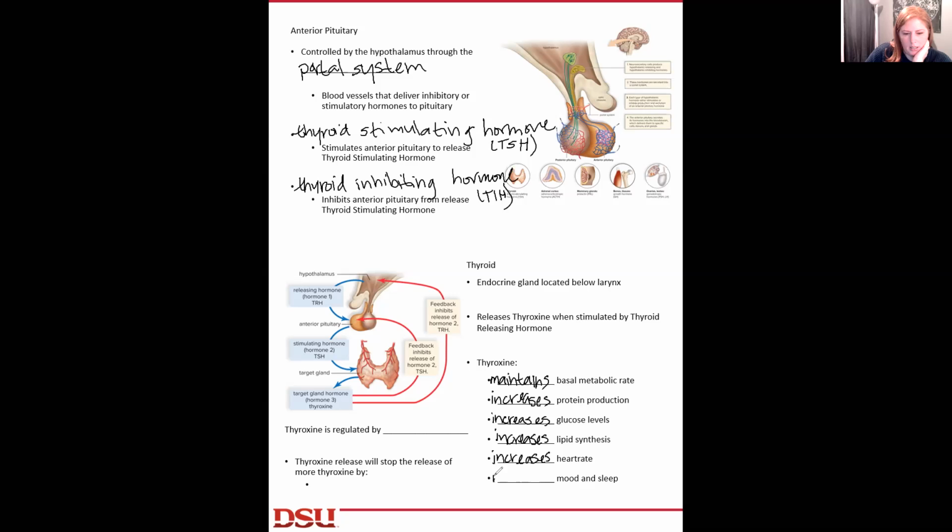And again, it maintains mood and sleep. So if any of these things are disrupted, they may be an indication that there are thyroid issues happening. Thyroxine is regulated by negative feedback, so the opposite of our oxytocin.